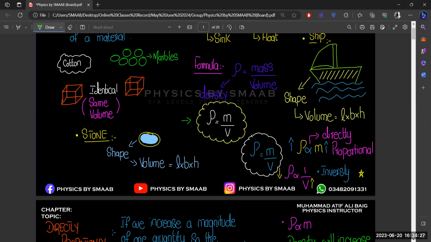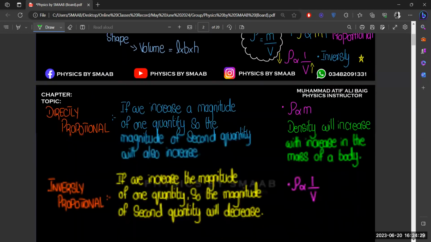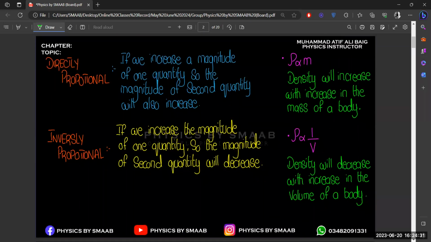So if we increase the volume of an object, density will decrease with increase in the volume of a body. And you know that an object with less density will float on the surface, and an object with greater density will sink into the water surface, right?